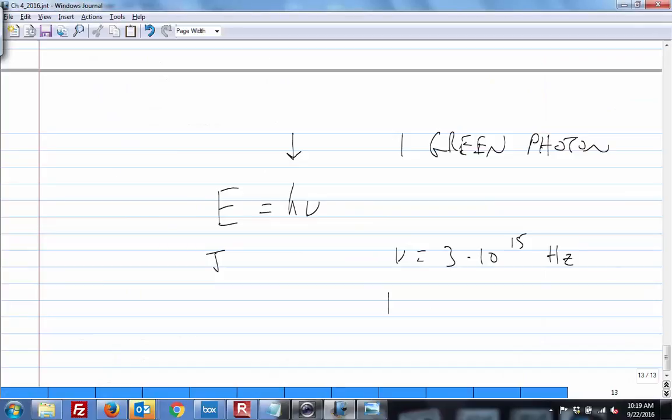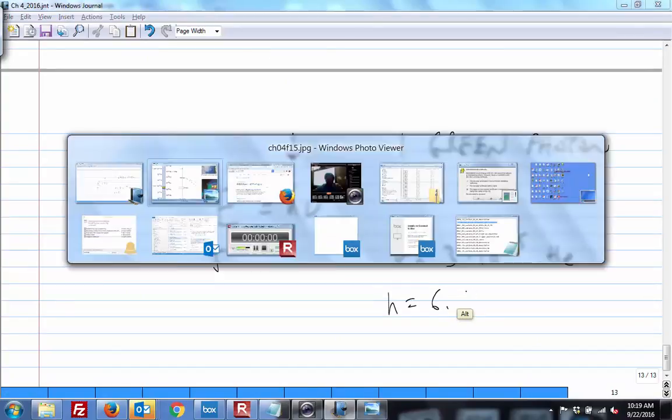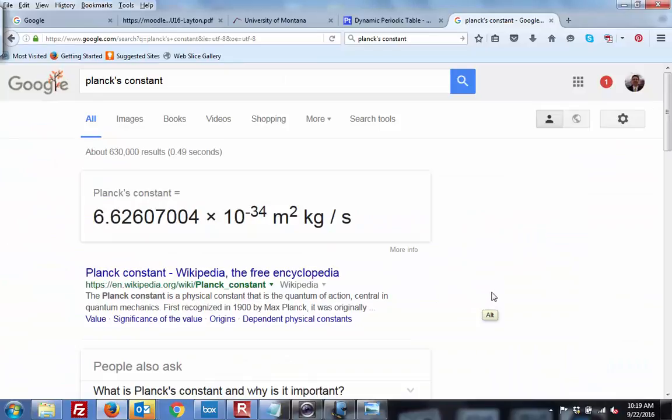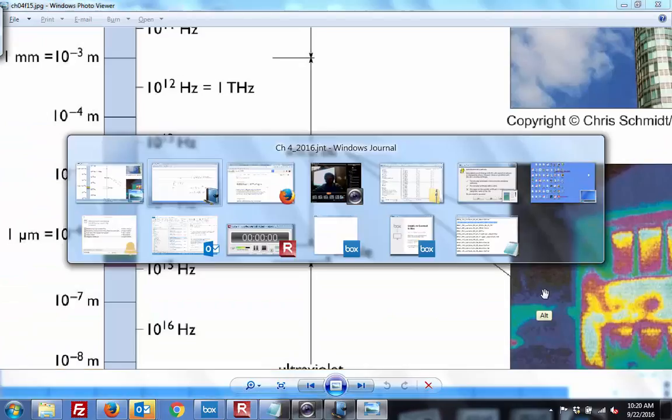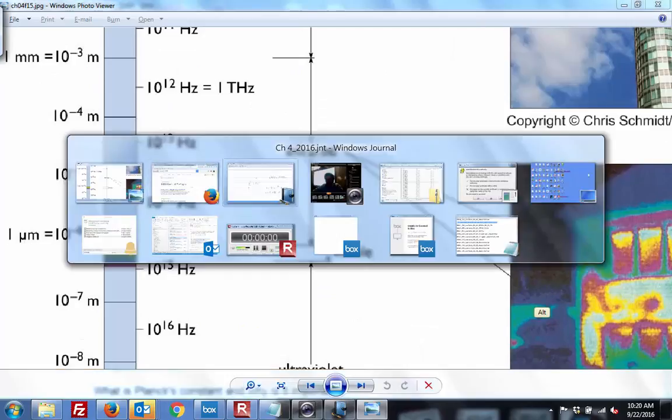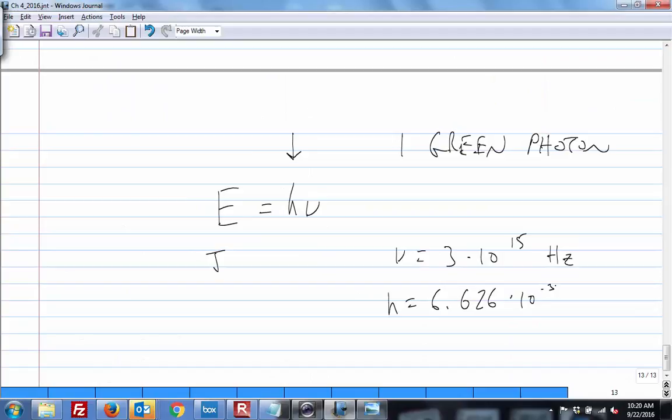So h equals 6.626 times 10 to the minus 34th kilograms meters squared per second.